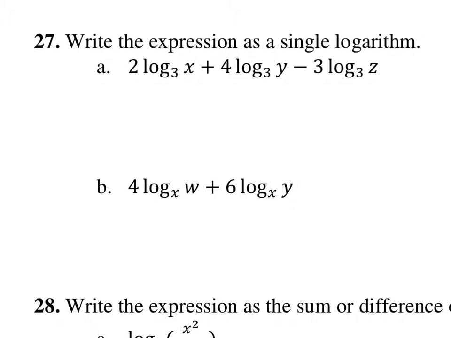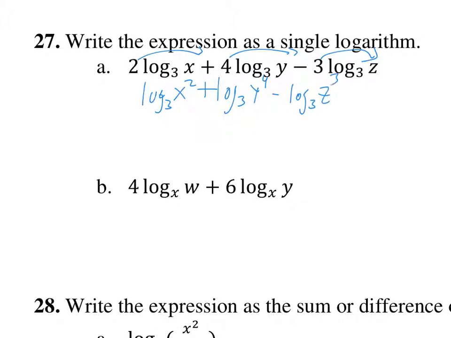Now we're going to write these as a single expression, a single log. First thing we got to do is put these powers up. And so we have log base 3 of x squared plus log base 3 of y to the 4th minus log base 3 of z to the 3rd. They're all base 3, so we can combine these things using our product rule.